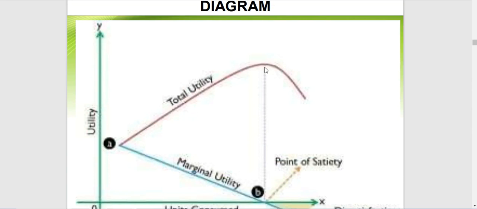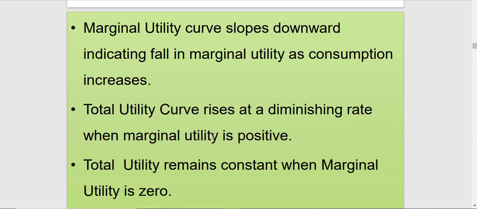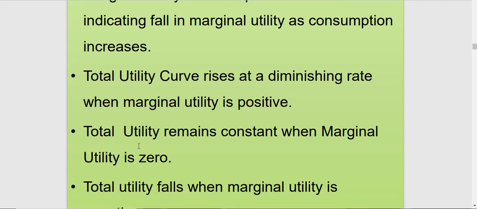Maximum is that point where marginal utility has already touched the baseline. So when marginal utility becomes 0, total utility is at its maximum. Thereafter, total utility will start falling and marginal utility becomes negative. So the second feature is that the total utility curve rises at a diminishing rate when marginal utility is positive.